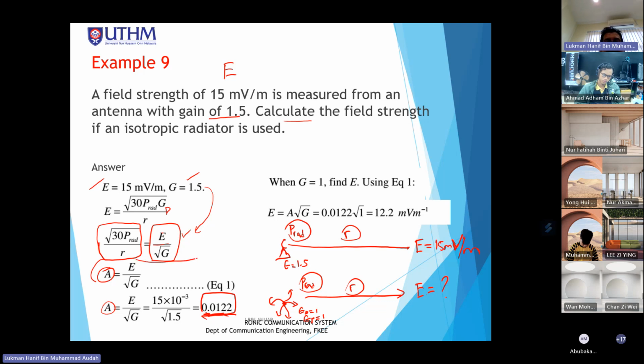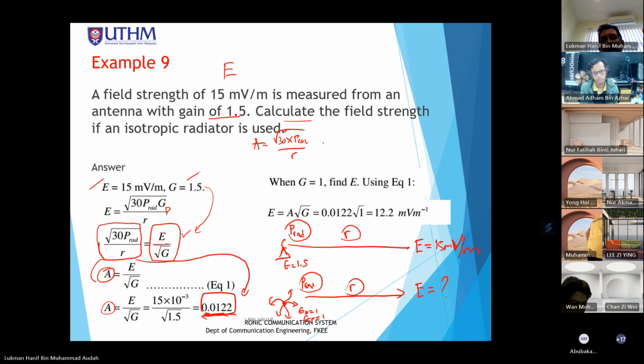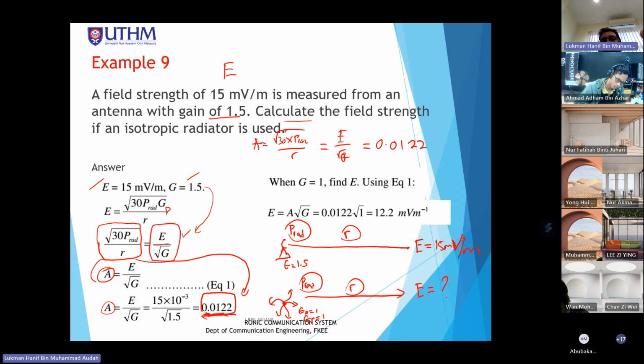A parameter is equal to the square root of 30 times P radiation divided by R, which is equal to E over the square root of G, equal to 0.0122.